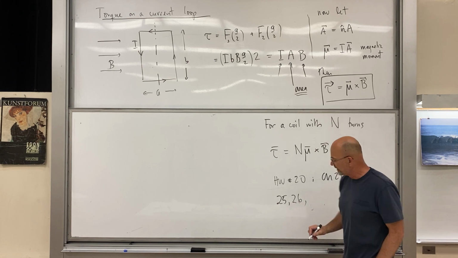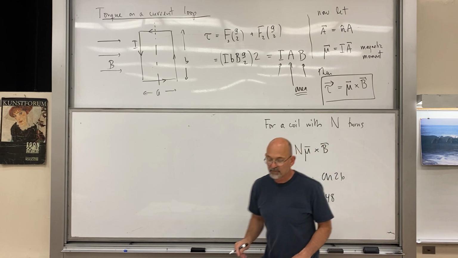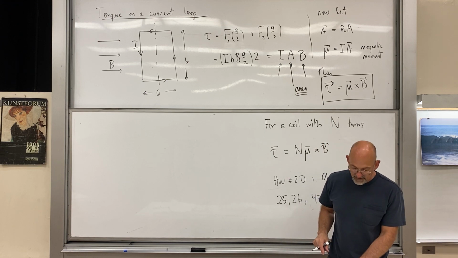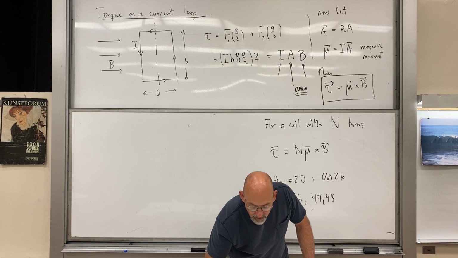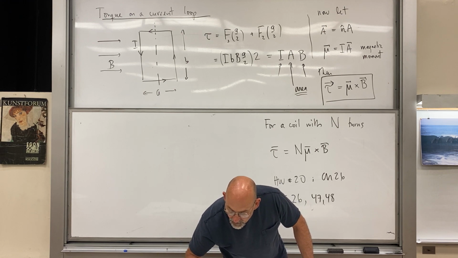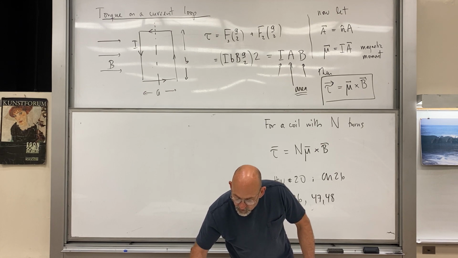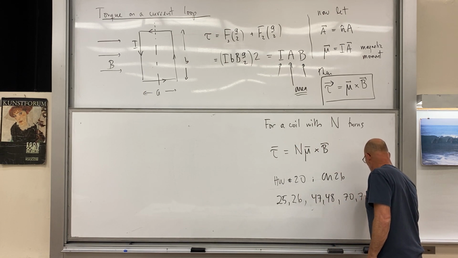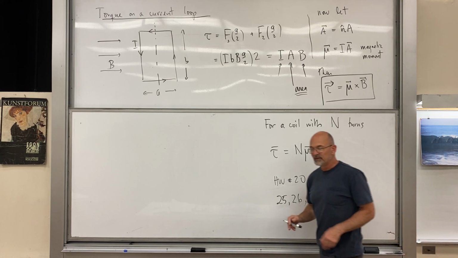Then we have 47 and 48. Remind myself what those are. Yeah, those are coils, no problem there. And then 70 and 71 were forces on a wire and forces also circular orbits, 70 and 71. Yeah, the circular orbits are important. Good, that's homework 20. See you guys next time.